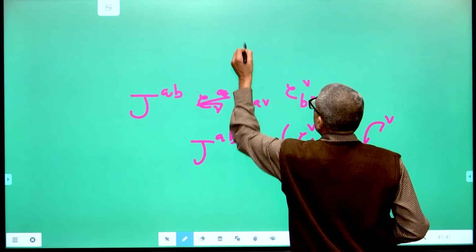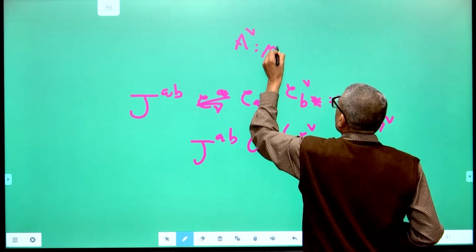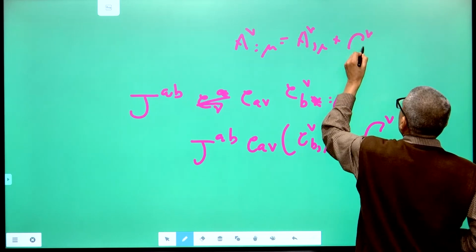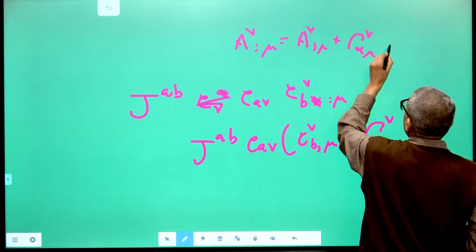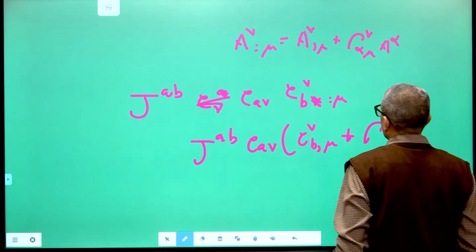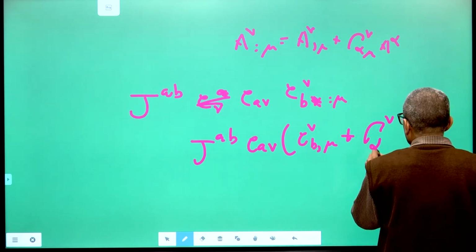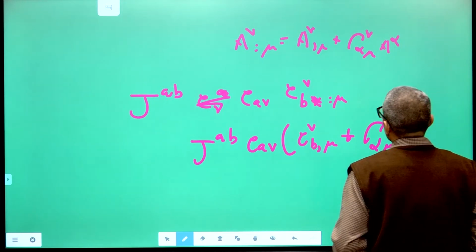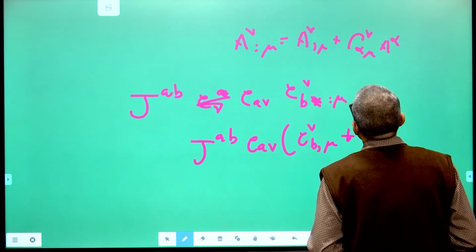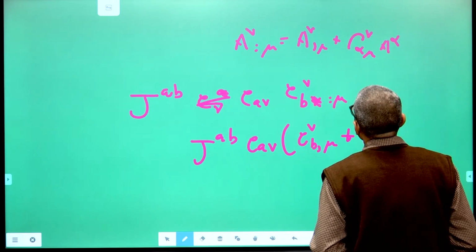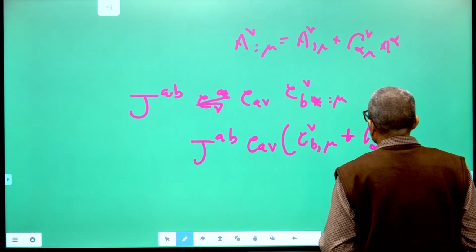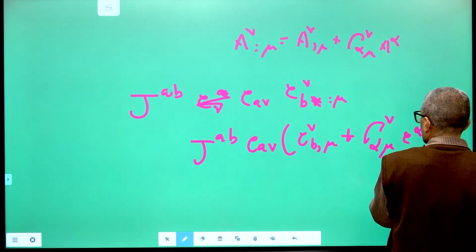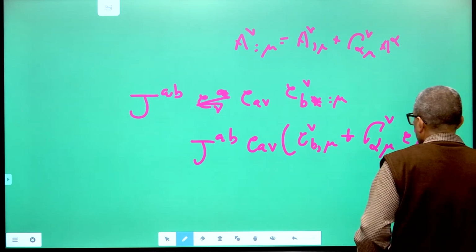How do you differentiate A_ν double dot μ covariantly? If you want to differentiate, this is A_ν comma μ plus Γ^α_νμ A_α, right. So it is Γ^α_νμ into E_αB.